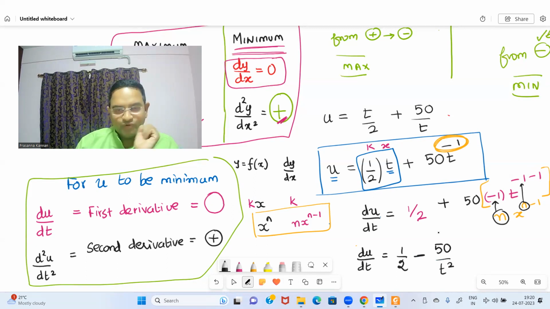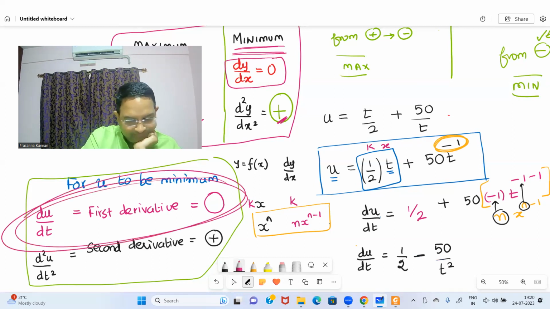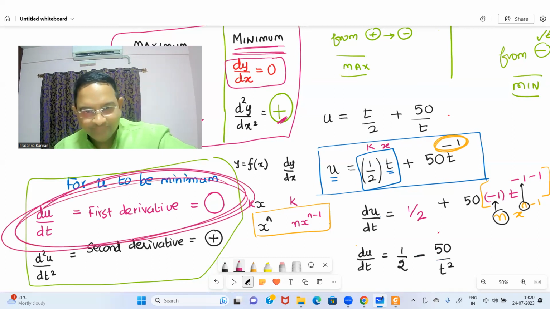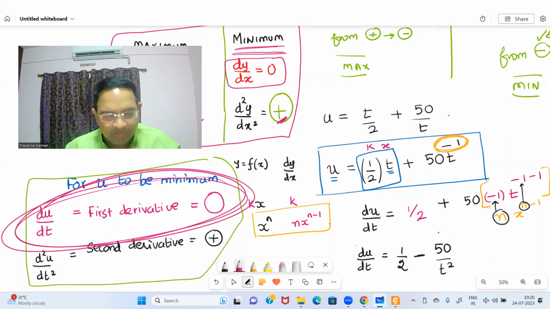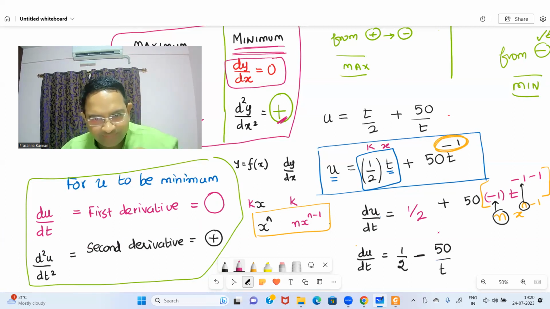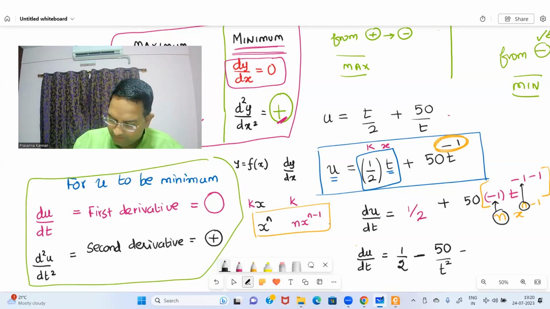So what should I do to du by dt? For a function to be minimum, the first derivative we found must be equated to what? 0. Exactly, so equate this to 0.